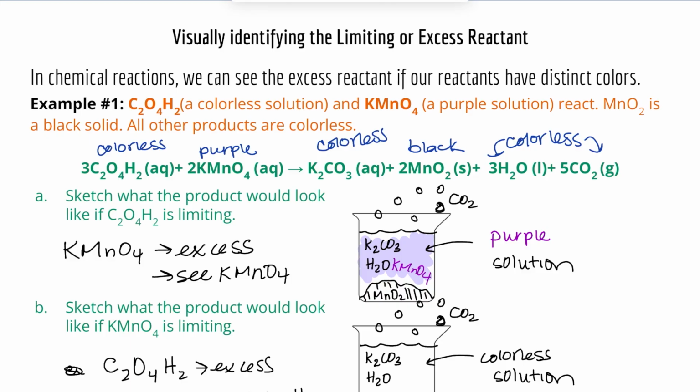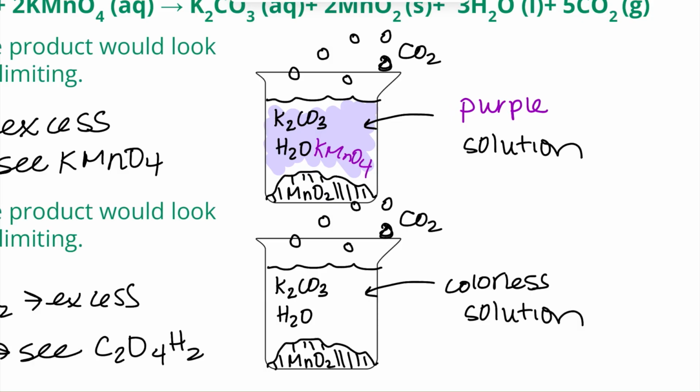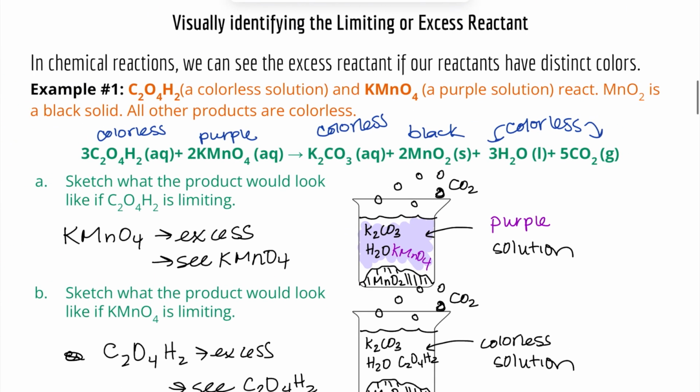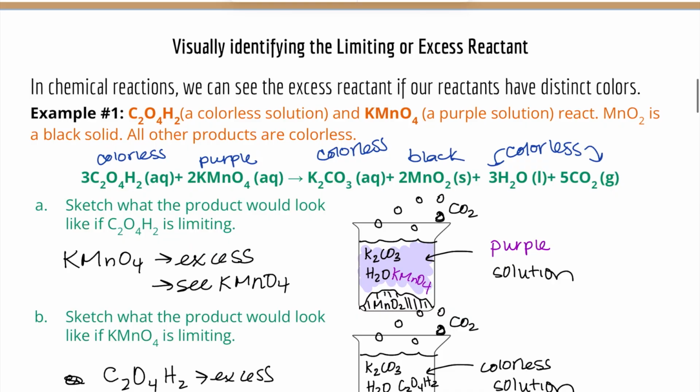You're not obviously going to be able to actually see how these are different in the beaker. They would be all mixed together, but we would still have that colorless solution because all of these things in here are colorless, so this would remain a colorless solution in your beaker. So if we have distinct colors, we can see some of that excess reactant, and we could use that visual to identify what is limiting and what is excess based on our knowledge of what each of these look like.